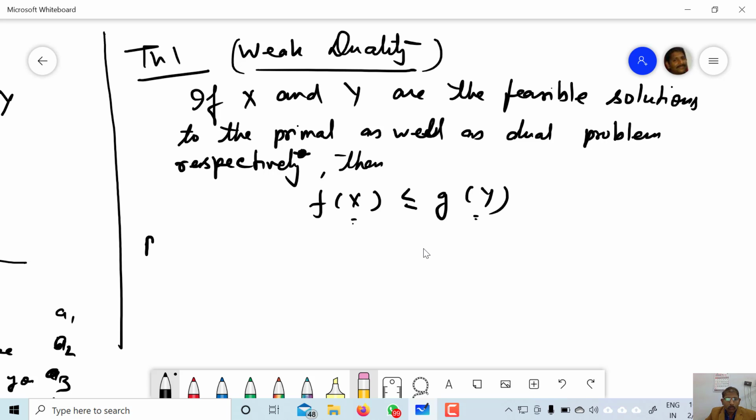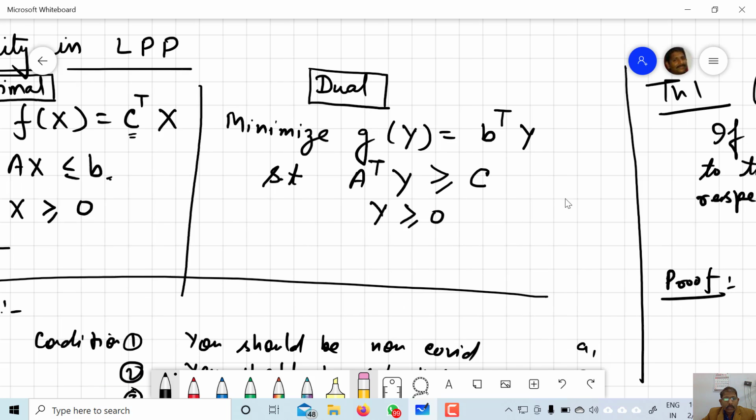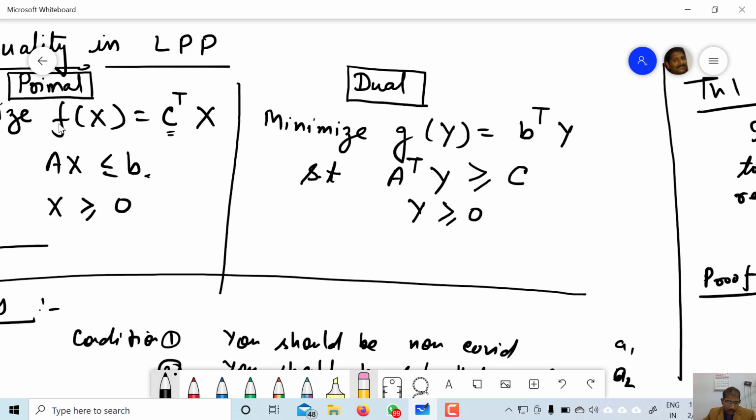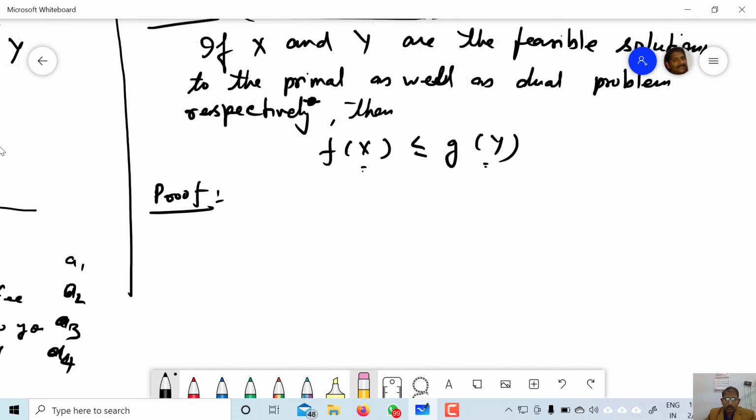So how would you prove it? The proof is very easy. The condition of the primal is given here. What was the primal? f(x) equal to C transpose x, because it is the basic definition of the primal. Now, what is C?